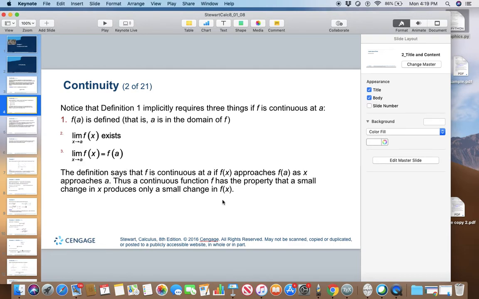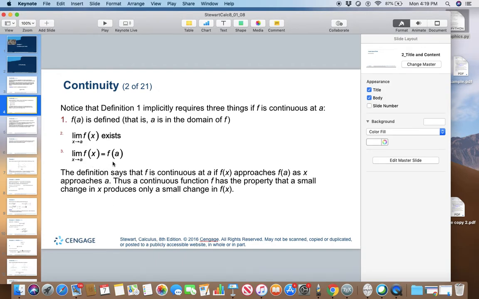The definition says that f is continuous at a if f(x) approaches f(a) as x approaches a. Thus, a continuous function f has the property that a small change in x produces only a small change in f(x). Okay?